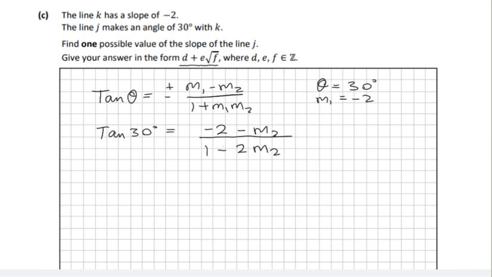So let's evaluate tan 30. So let's look it up, or let's do tan inverse of 30. Let's look up page 13 in your log tables. So we're going to get 1 over the square root of 3 as our ratio.